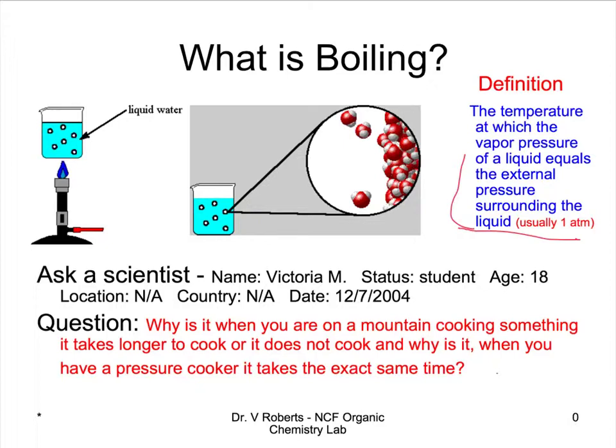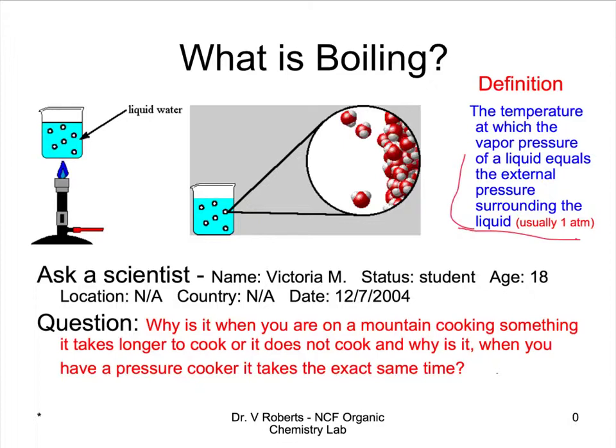It boils at a temperature lower than that because the external pressure is lower. So the pasta doesn't reach the temperature where it cooks. The water boils, but at a lower temperature than would allow for the pasta to cook.